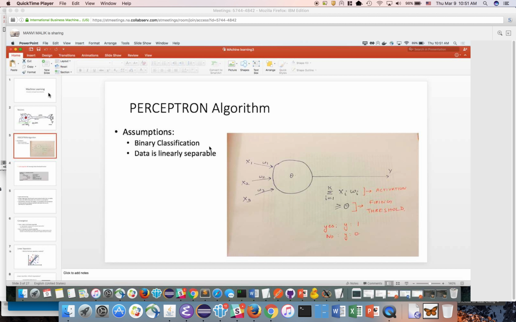So let's say this is my plane where I'm considering the data points. These are the two categories. This is my w vector.